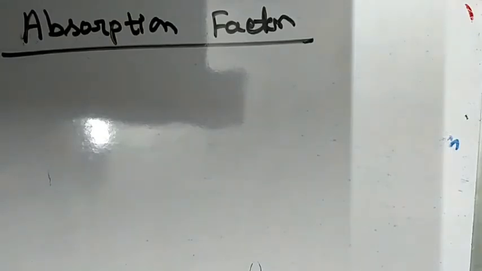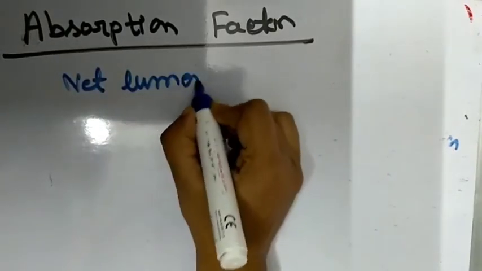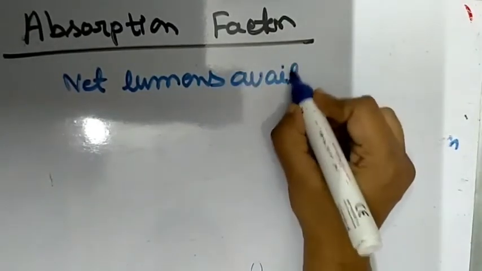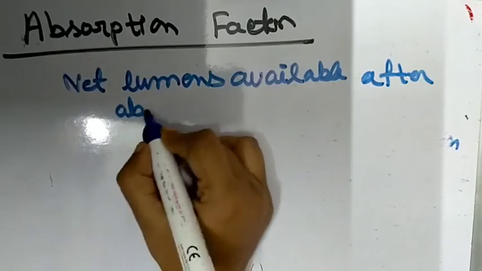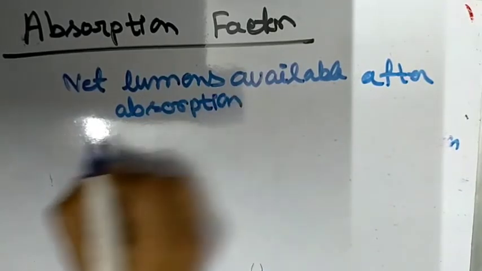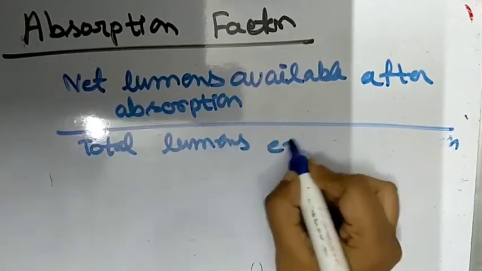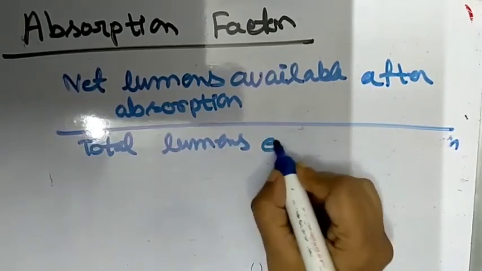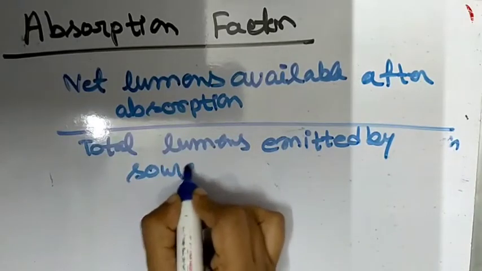Now, in case of foundries or places where the atmosphere is full of smoke fumes and there is possibility of absorption of light energy, the absorption factor is equal to net lumens available after absorption by total lumens emitted by source of light.